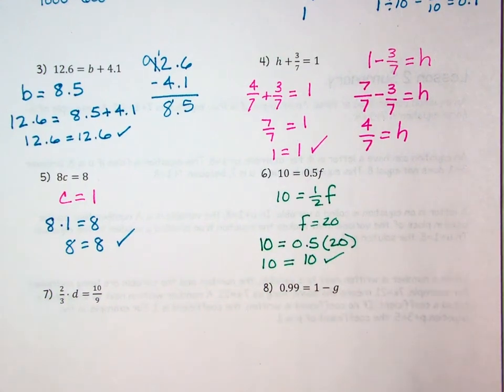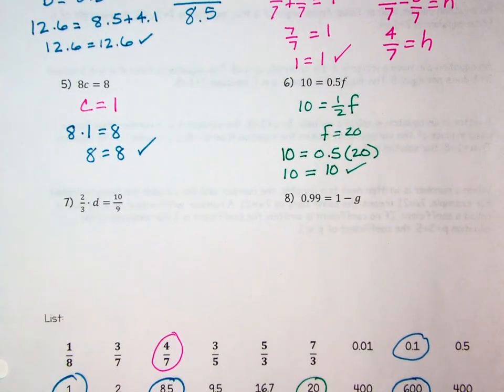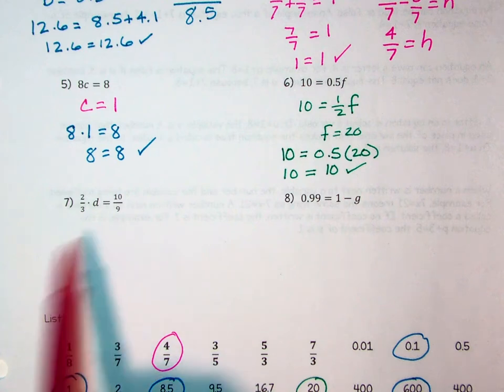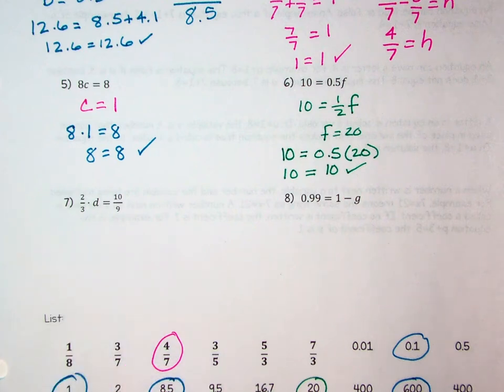All right, number 7. 2/3 times d equals 10/9. So this one's a little bit trickier. These aren't numbers that are in our math facts, so we might not be able to just immediately see relationships between the numbers.